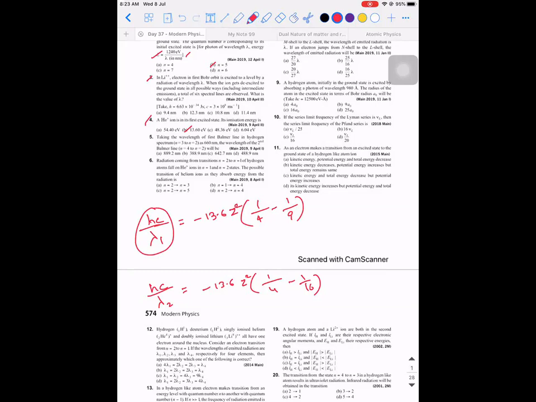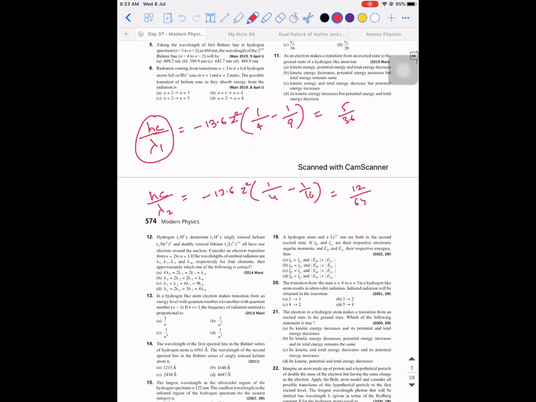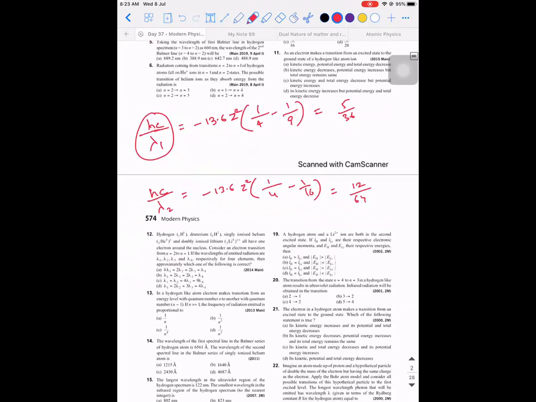Lambda 2 by lambda 1, 13.6, 13.6 cancel, Z square cancel. So you'll have 9, so 5 divided by 36, and this would be 12 divided by 64. Right. So lambda 2 by lambda 1 will be equal to 5 by 36 into 64 by 12.